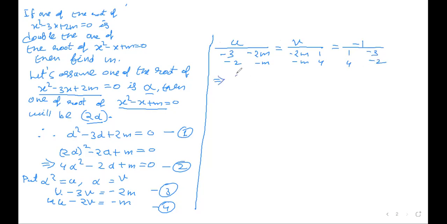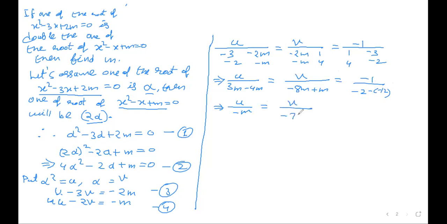It implies u upon minus 3 into minus m, 3m, minus 2 into minus 2m, 4m, so minus 4m, equals v upon minus 2m into 4, minus 8m, minus minus m means plus m, equals minus 1 upon minus 2 minus minus 12. It implies u upon minus m equals v upon minus 7m equals minus 1 upon minus 2 plus 12, that is 10. So u equals m by 10. Understood?